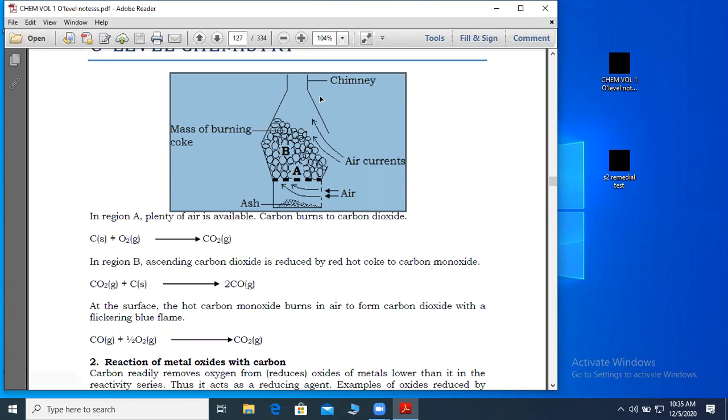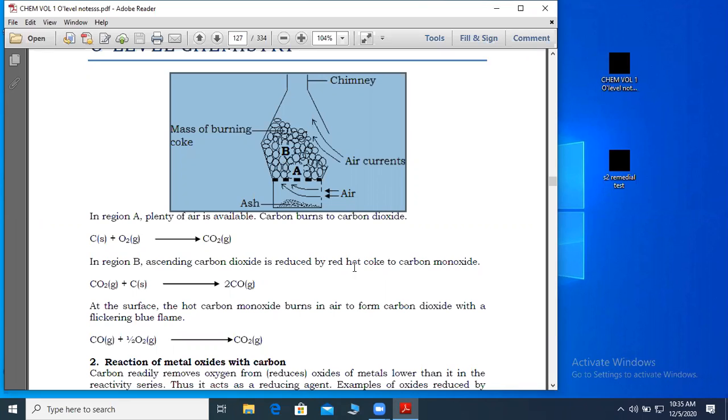So we have 3 regions and 3 cases. Take note of that. At the bottom here, where air is entering, carbon burns completely because there is plenty of air. Carbon burns completely to form carbon dioxide. Then as that carbon dioxide ascends, it reacts with coke.